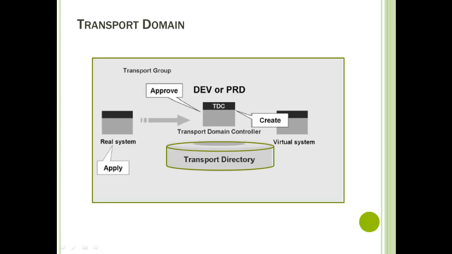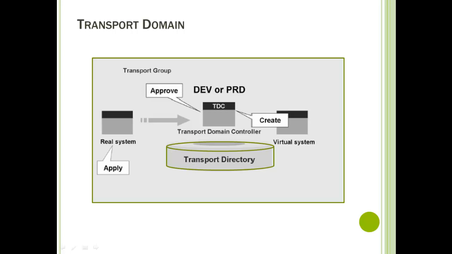Now let us see how we can add an SAP system to an existing transport domain. In order to add a new SAP system to an existing domain, you must perform the configuration activity in both the new system as well as in the existing transport domain.